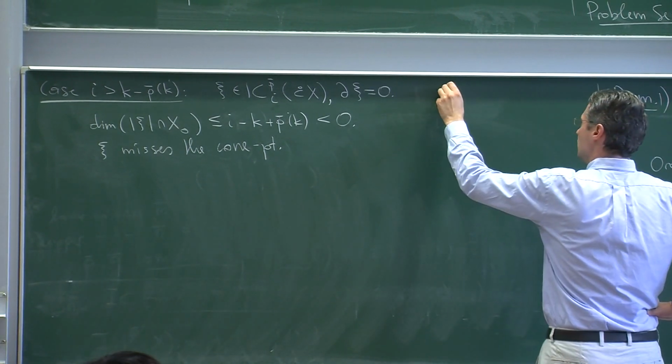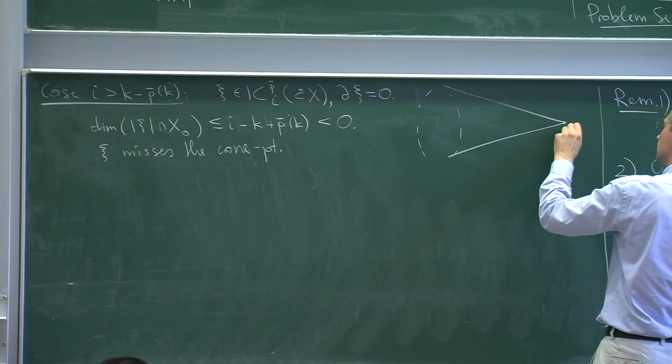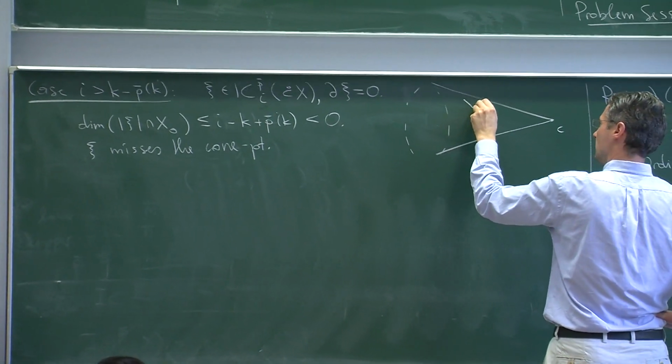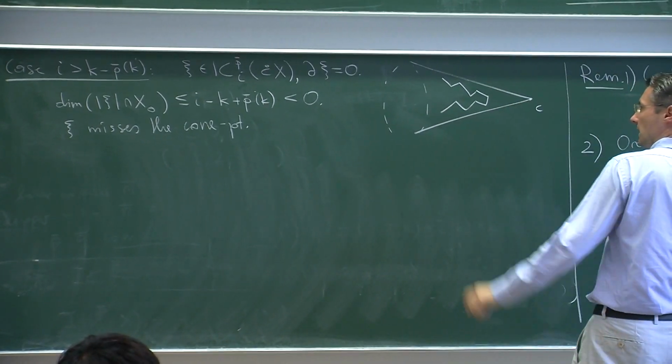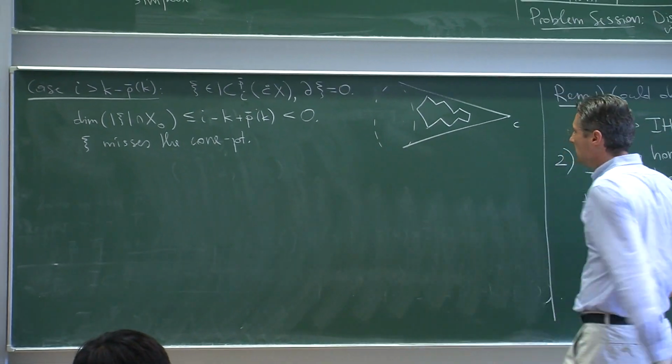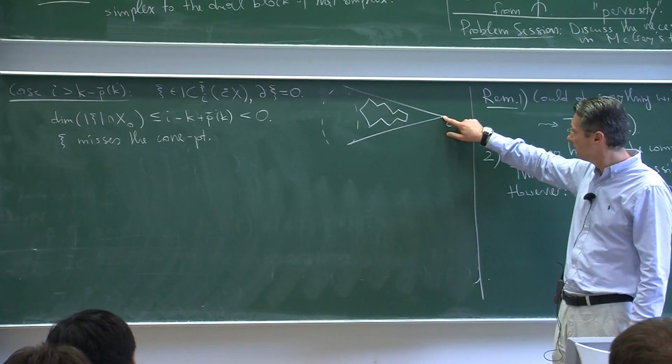So the picture would be, here's our open cone, and here you have this PL chain, but it does not go, and it has no boundary actually, it's a cycle, but it's not allowed by these conditions to pass through that point.